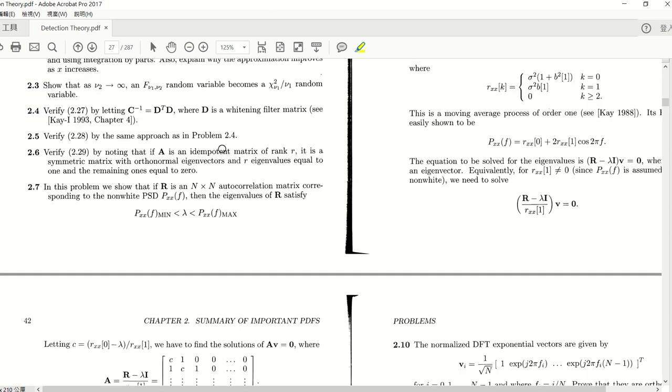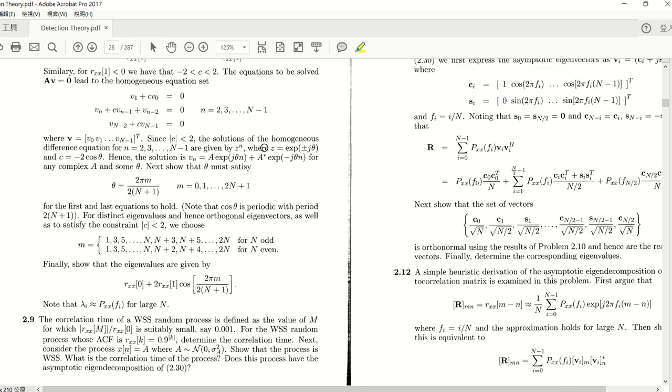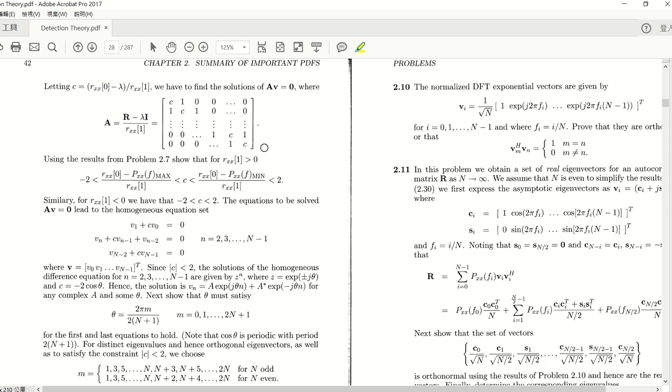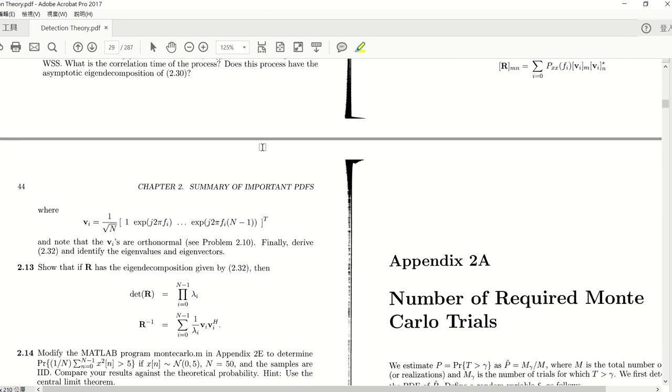So you see some homework is asking you to verify and double check some of the concepts that we discussed in class.